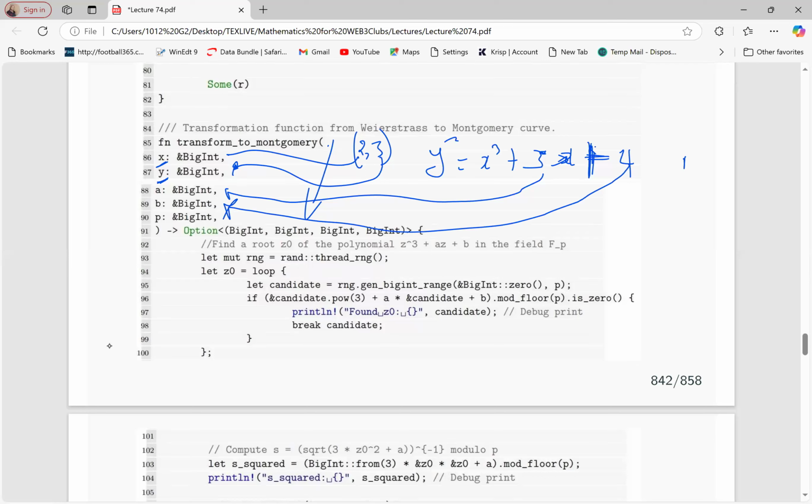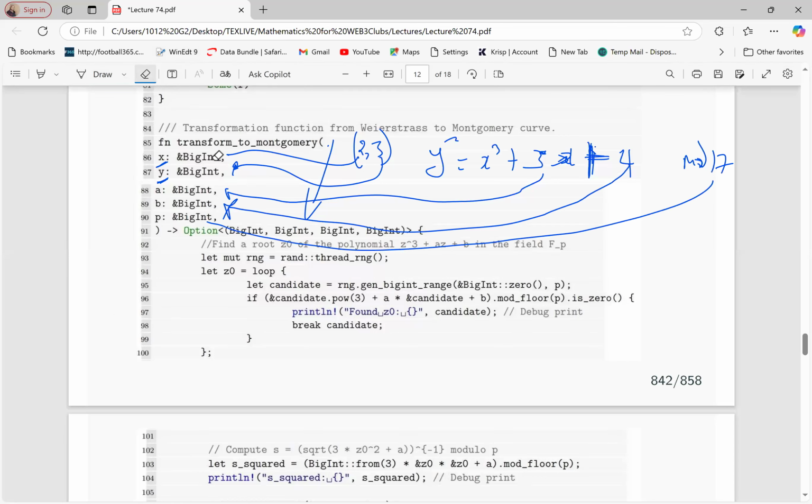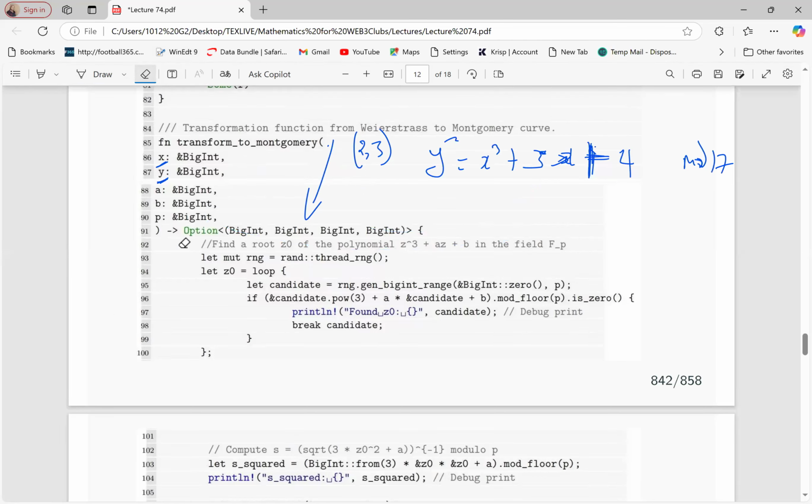And then let's say you're working mod 17. Again, you're giving it P. Then after giving your code that, you now want to give it formulas.